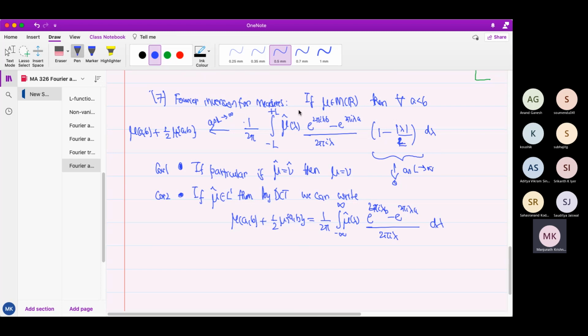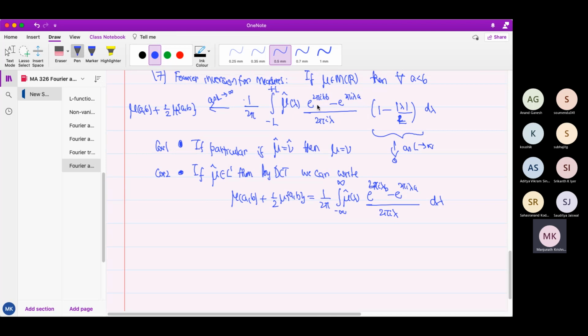Yes, because this quantity is bounded, just like in the circle case. e to the 2 pi i lambda b minus e to the 2 pi i lambda a is bounded by the mean value theorem: the length of the interval times the derivative at a midpoint. The derivative is an exponential with absolute value 1, so it's bounded by 2 pi mod lambda times b minus a.